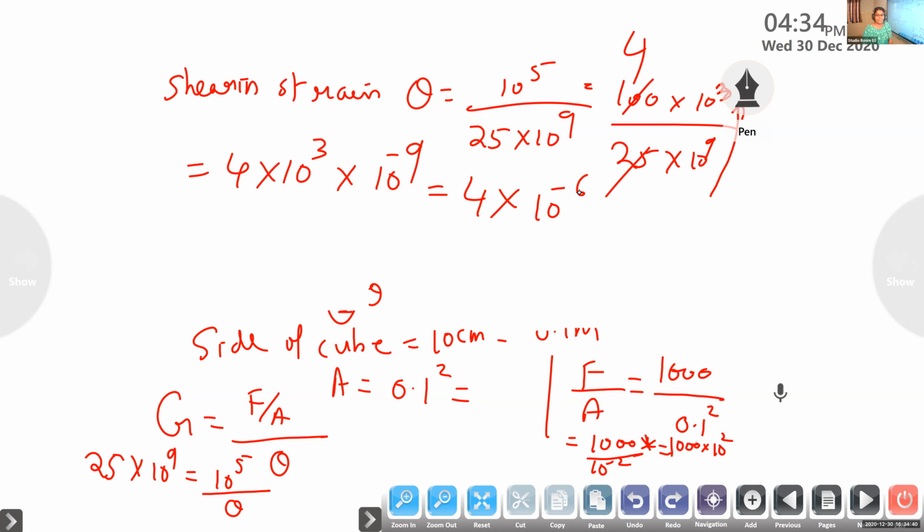Vertical deflection means we have to find out how much it is displaced.